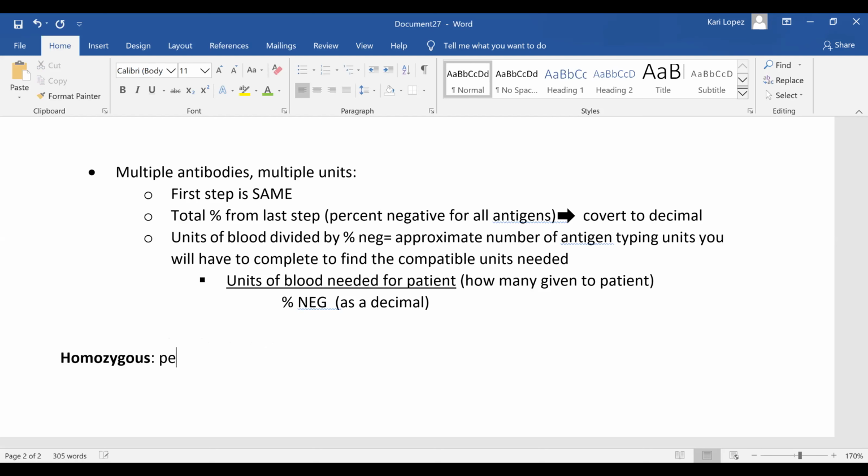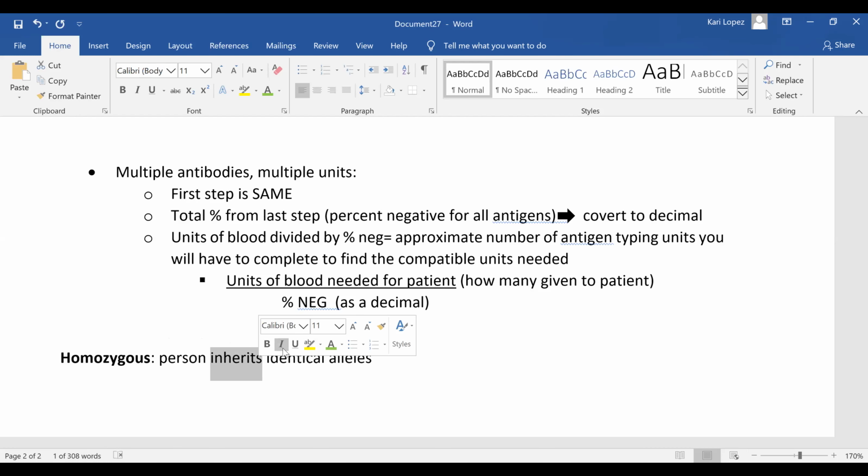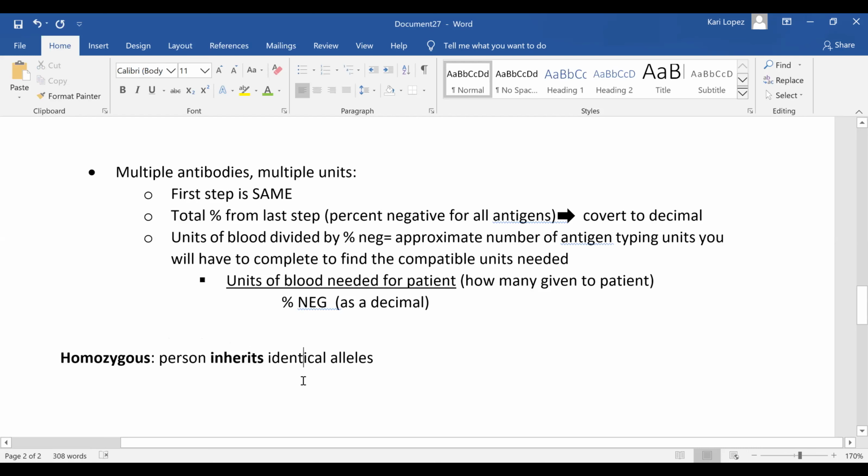What this means is a person inherits identical alleles. If you had a favorite coffee shop, would the alleles be the coffee shop or your drink? The drink. Yes. So these vary.